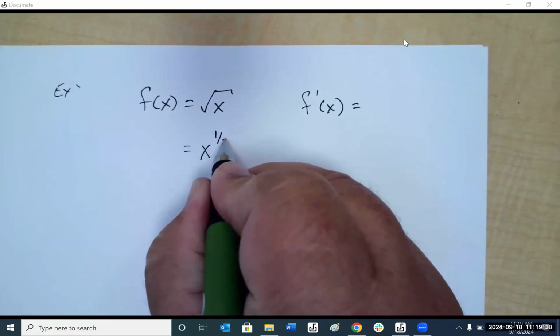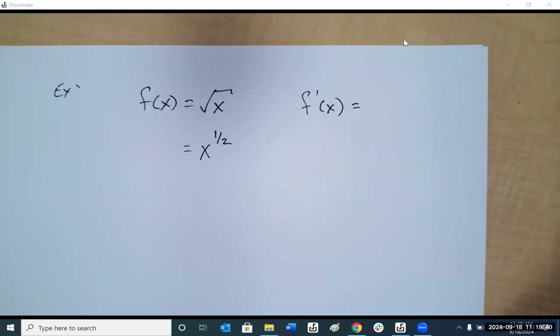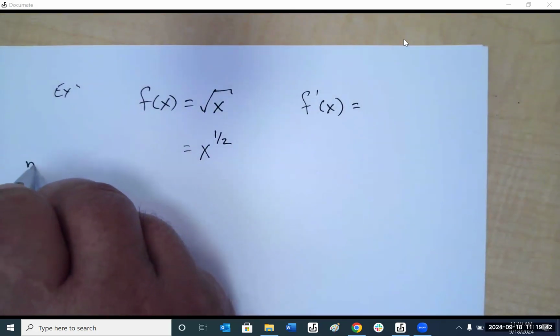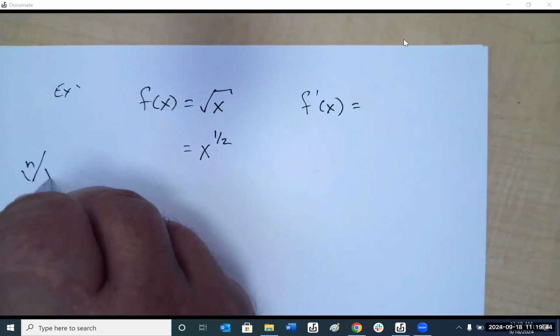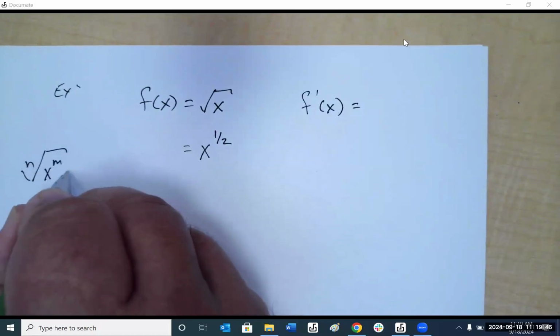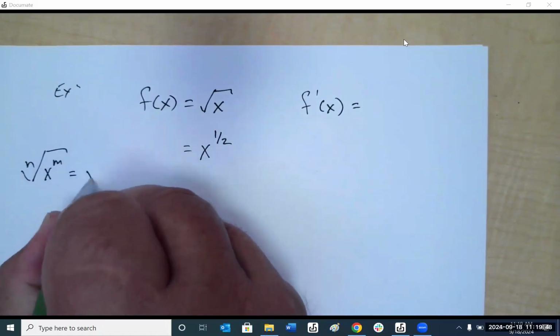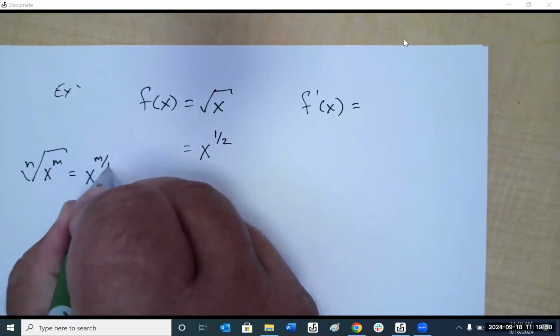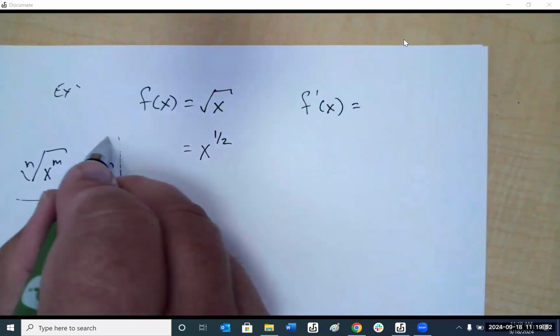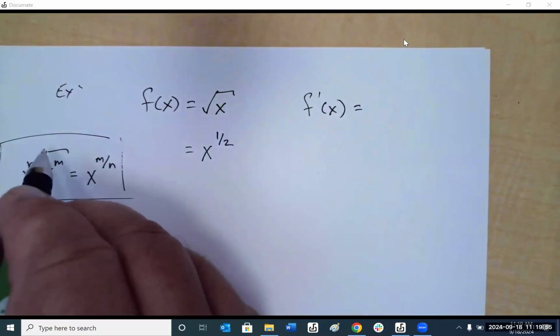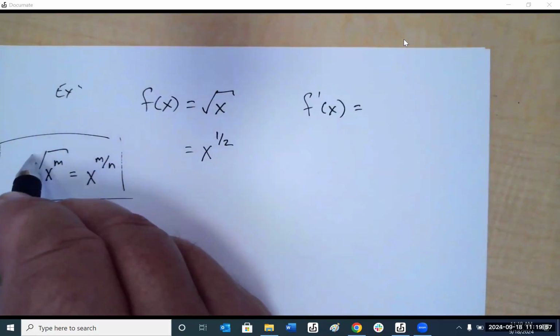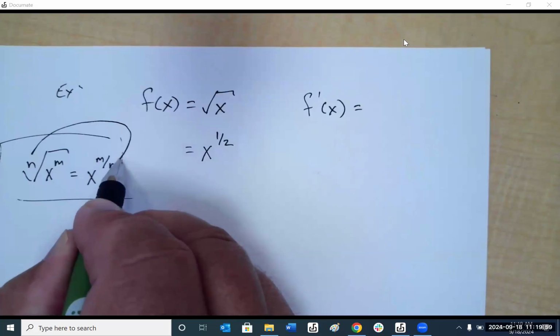X to the power 1/2. Because any nth root, polynomial or a radical, can be rewritten as that, where the root is the denominator.